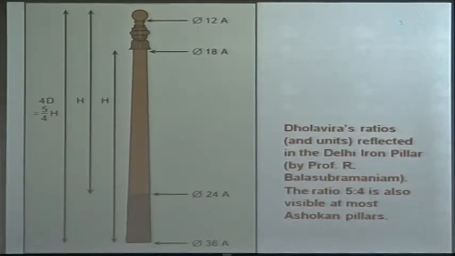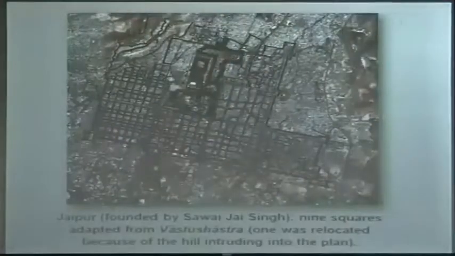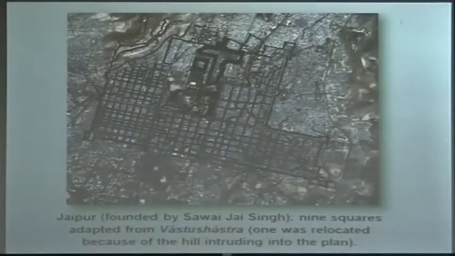I think it's a half-size replica. If you look at the excavated portion over the ground, this is the ground level, compared to the total length, you get the same 5:4. So this is supposedly a secular structure, but this ratio comes again.